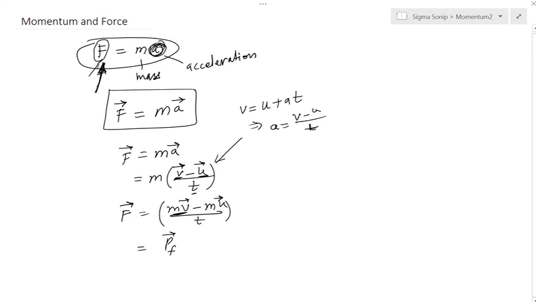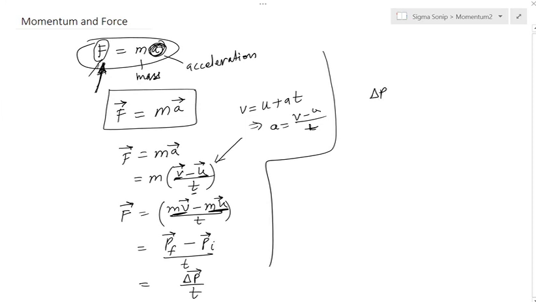And this is m times initial velocity, so this is the initial momentum of the object, divided by t. The numerator can also be written as delta p divided by t. Now what is delta p? Delta p is the change in momentum.